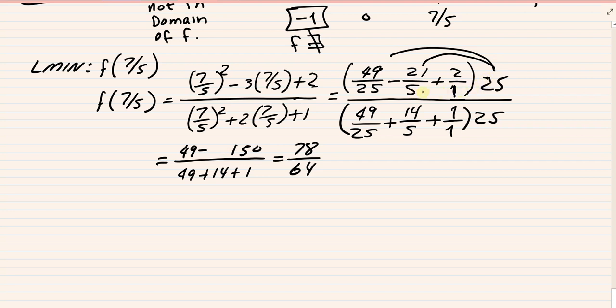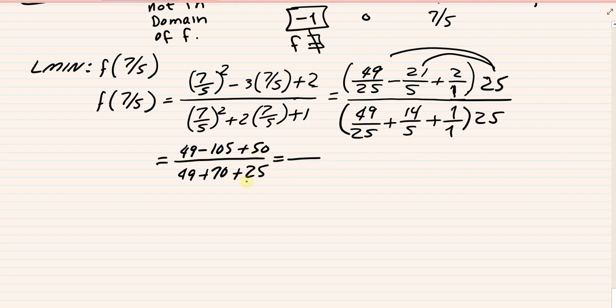Second one, I get 25 times 21/5, 25 by 5 is 5, times 21 is 105. There you go. Plus 25 times 2 is 50. In the denominator, 25 times 49/25, and 25 divided by 5, 5 times 14 is 70, plus 25. That's better now.